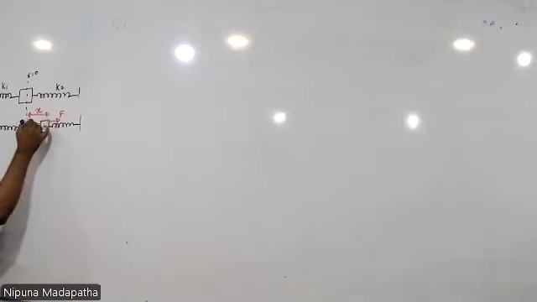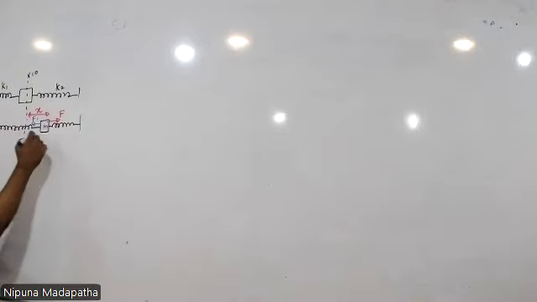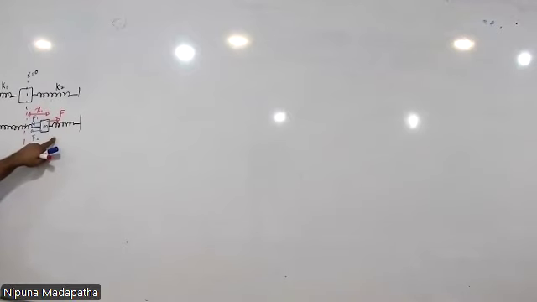Suppose it is F1. Since this spring has compressed, this one also exerts a force towards this direction, F2. So what can you say about the extension and the compression of these two springs? Are they equal or not? Both are equal.